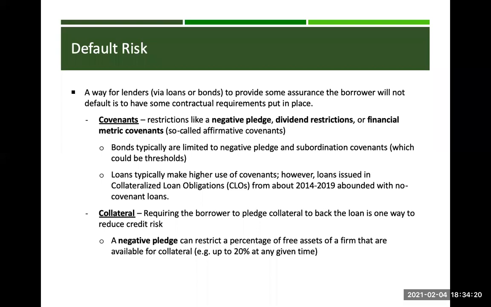They were packaged into large pools, and then the cash flows from those pools were sold to investors. It's essentially like securitizing a whole bunch of loans, which are usually small to mid cap companies or private companies, into a big pool and then selling securities off that are backed by that pool of loans.